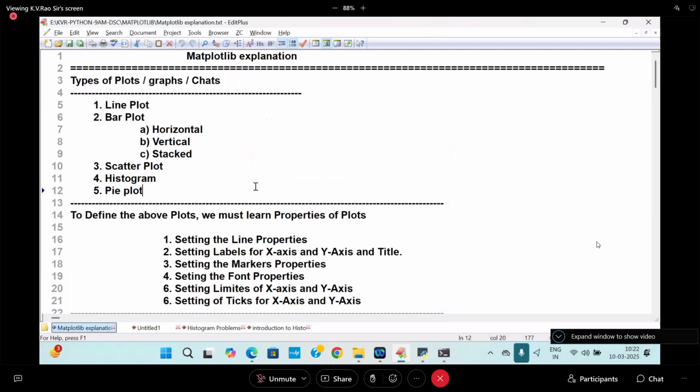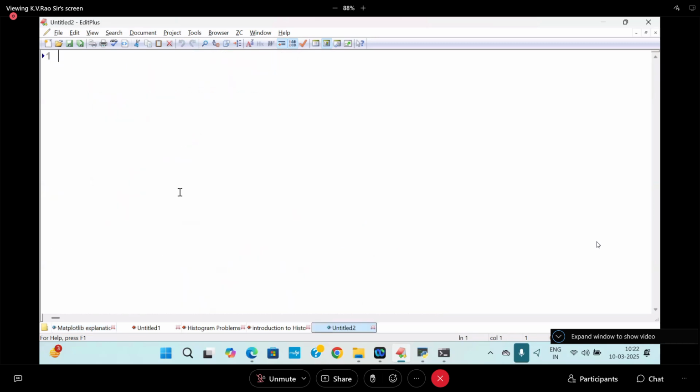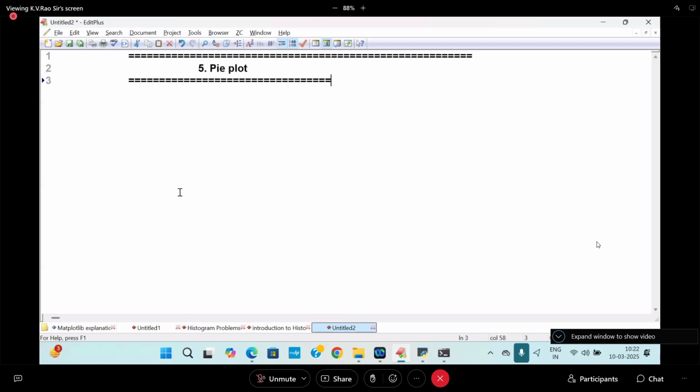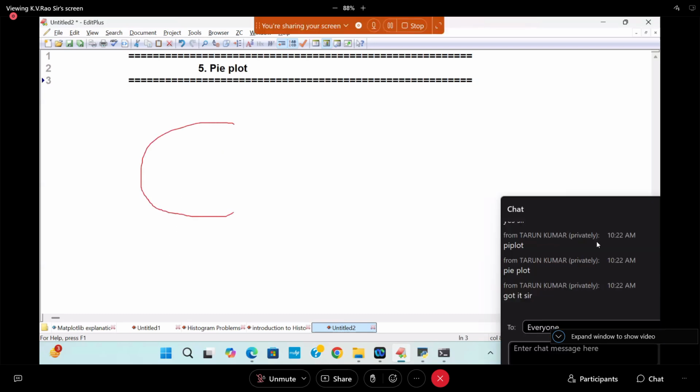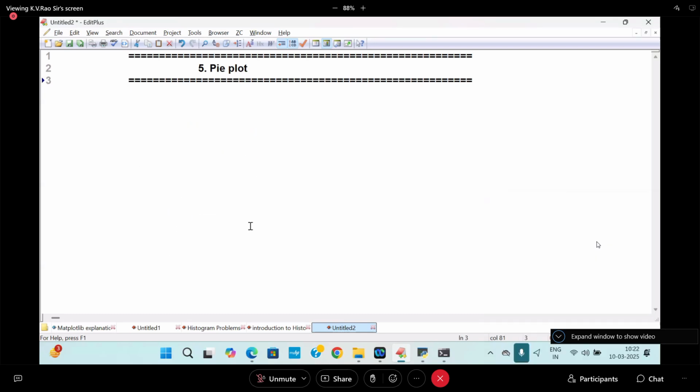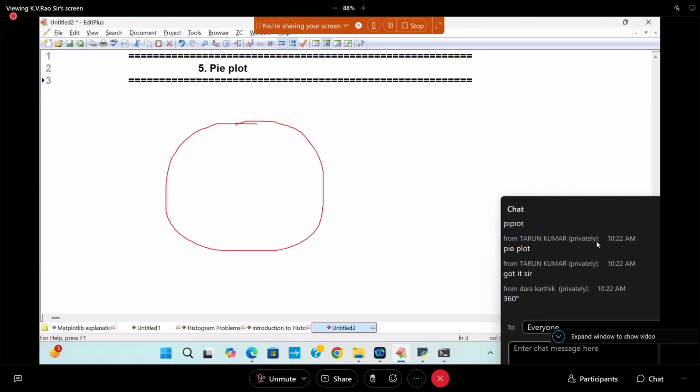Before the pie plot, first, how does a pie plot look? Circle. How many degrees does a circle contain? 360. Okay, good, good knowledge is there. So now let us start with the pie plot. This is looking like a circle. Don't think that I am not able to draw the circle properly.